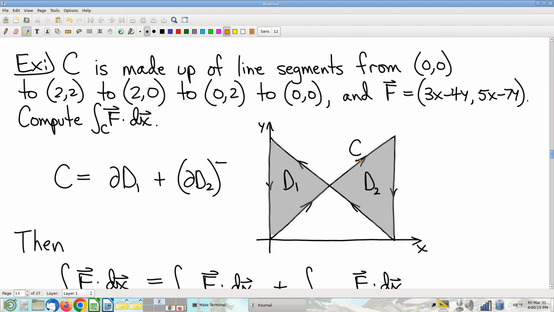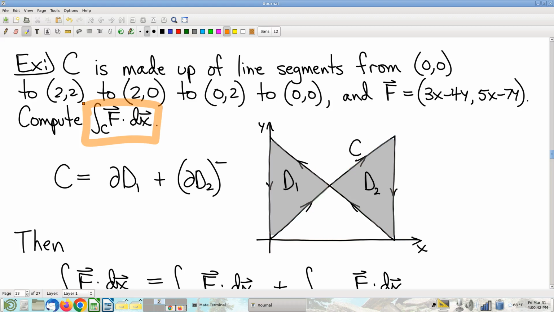A weird example. We have 4 line segments given. It makes kind of what I call a triangular figure 8. If I wanted to compute the line integral on this sort of composite curve, minus Green's theorem, I would have to break it up into 4 separate line integrals.